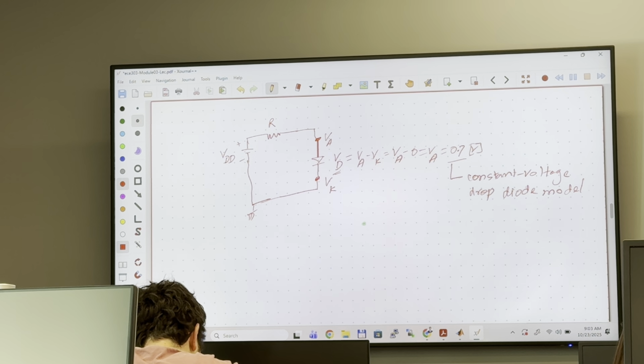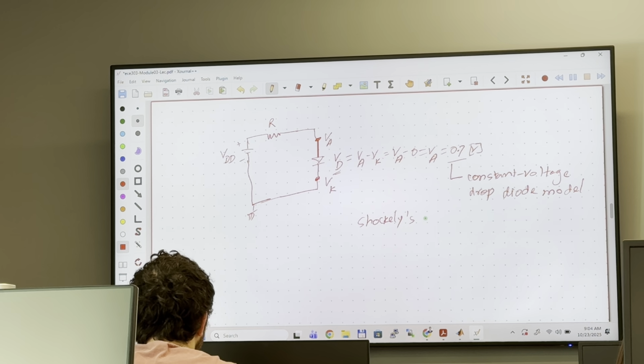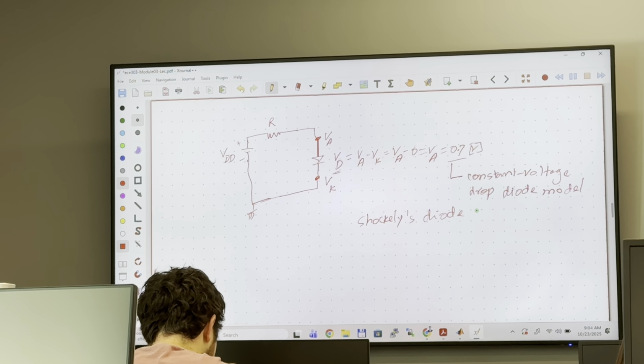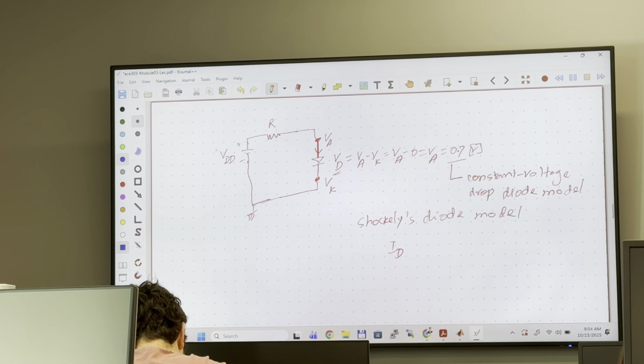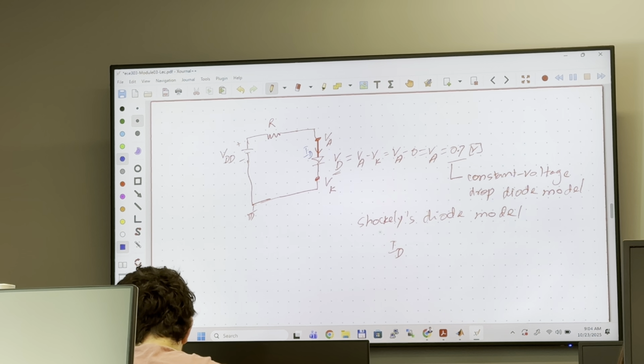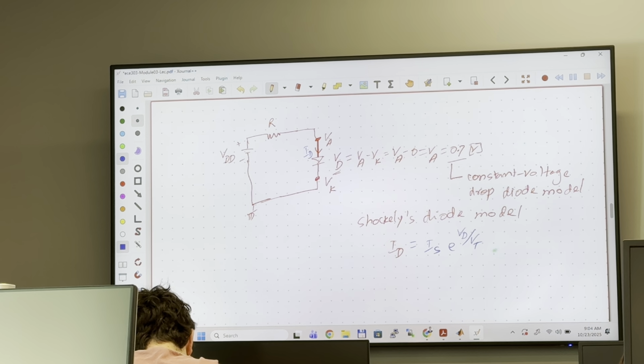Again, we can find VD using Shockley's diode model. In Shockley's diode model, we have a relationship for ID, which is basically the current flowing through this diode. We denote it with ID. This ID is going to be I sub S e to the VD over Vt minus 1.